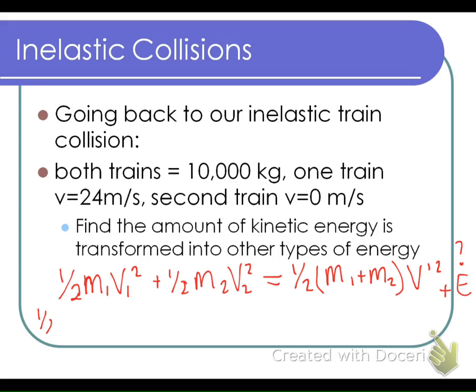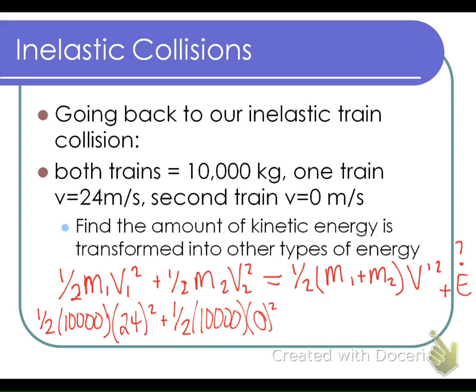So if we take 1/2, both these trains had a mass of 10,000. What was our initial velocity for this first train? Yeah, so it's going to be 24 squared. Then we're going to take our second object. Its velocity was what? 0.